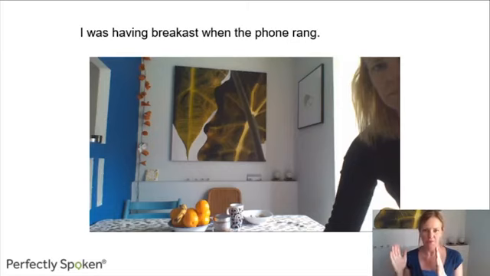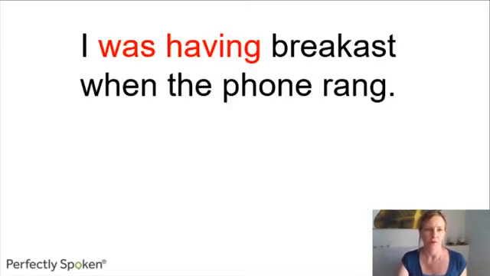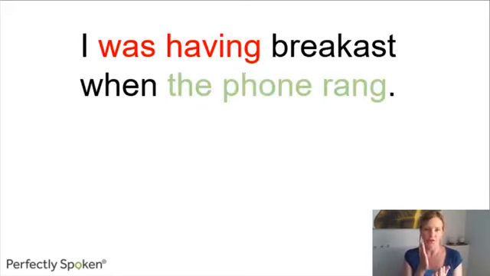So you can see the use of past continuous. I was having breakfast when the phone rang. So the verb to be is in the past, and then you've got the action that interrupts the first action. Don't worry if you don't understand, just look at more examples.